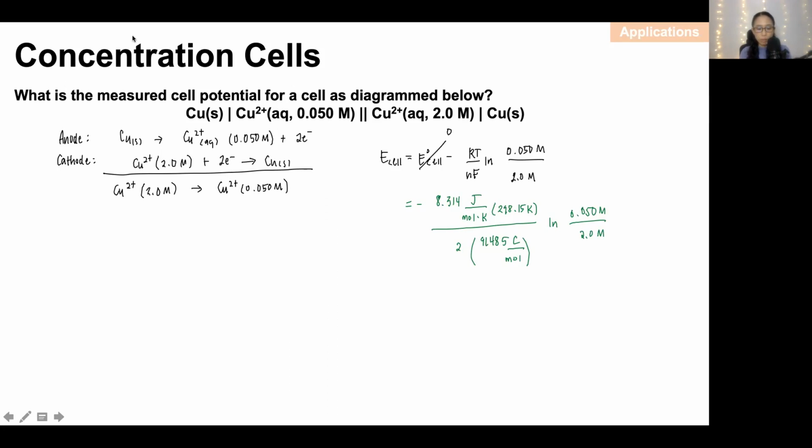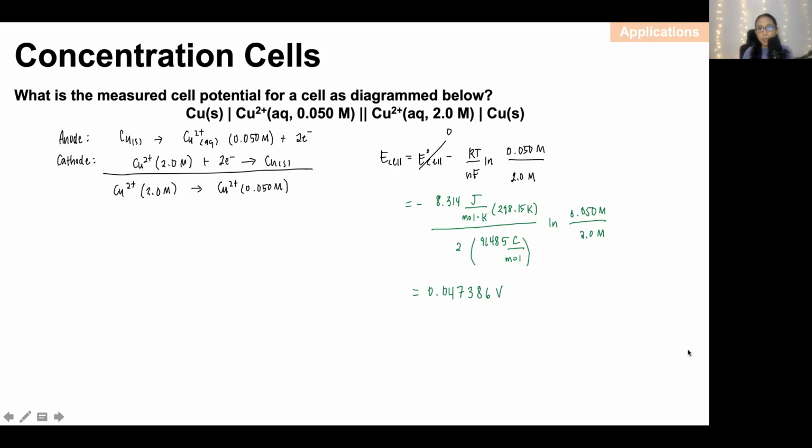So let's compute. 8.314 times 298.15 over 2 times 96,485 times Ln 0.050 over 2. So we get a cell potential of 0.047386 volt.